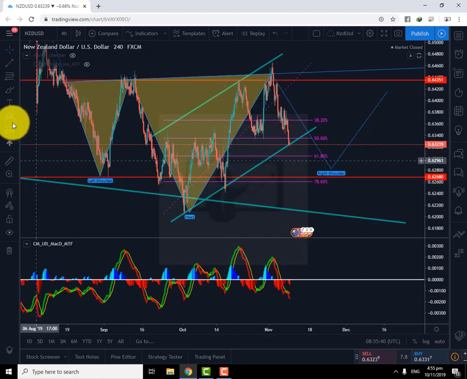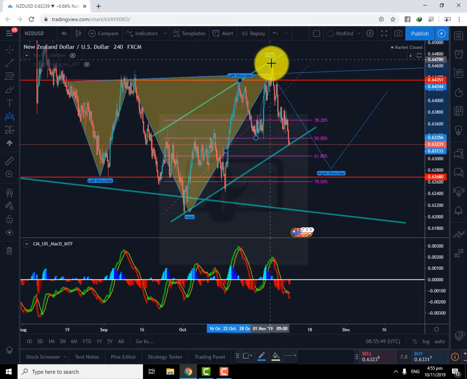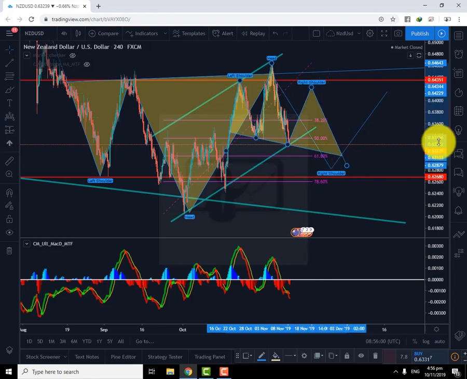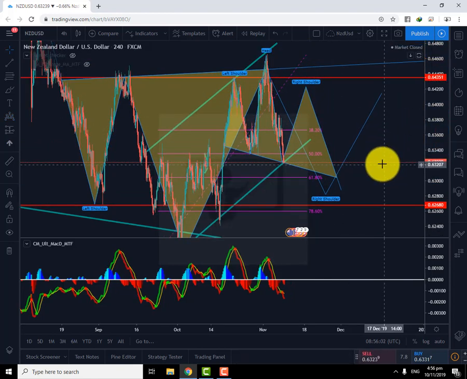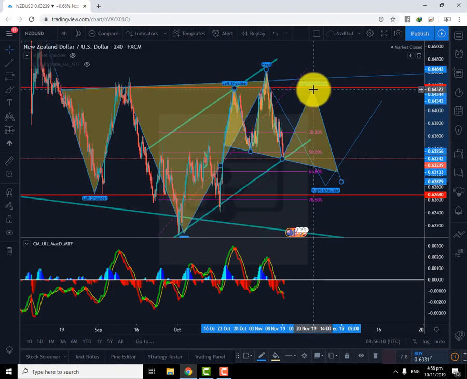However, this is not the reverse head and shoulders, but the exact head and shoulders that is forming. So if the market bounces back, then that's the time our entry point will be on this key level, this one.